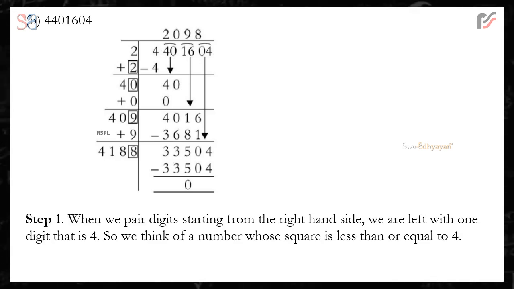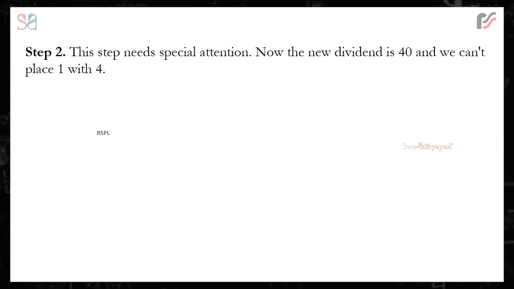B. 44,01,604. This is shown as Step 1. When we pair digits starting from the right hand side, we are left with one digit, that is 4. So we think of a number whose square is less than or equal to 4. Step 2. This step needs special attention.